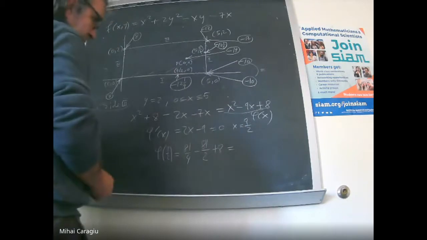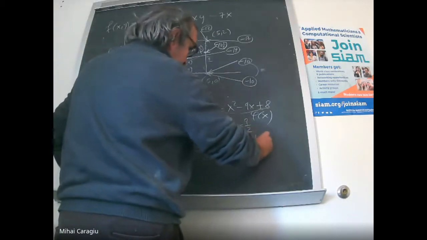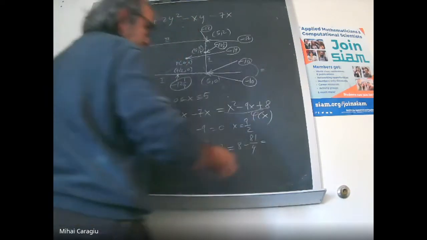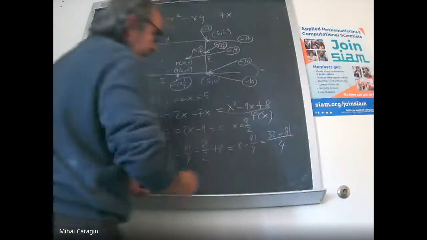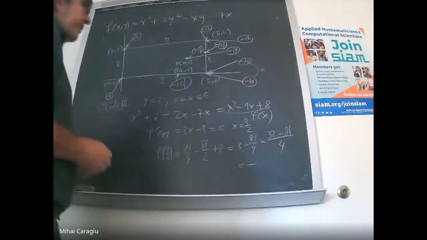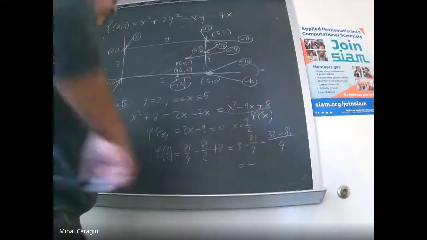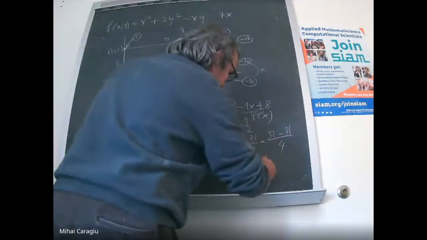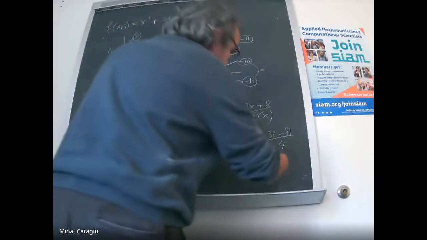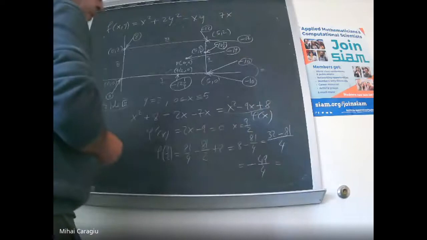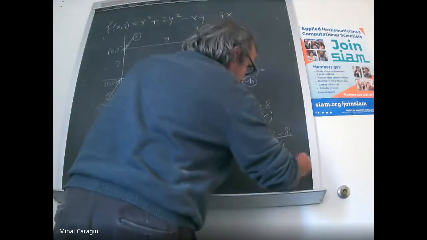What will this be? It will be 8 minus 81 over 4, and with the common denominator, 32 over 4 minus 81 over 4, which will be minus 49 over 4. How many times is 4 in 49? 12 times, so minus 12 and a quarter, minus 12 and 1 over 4.